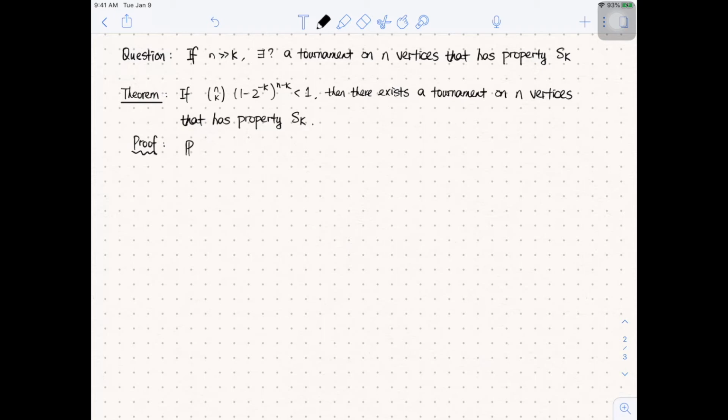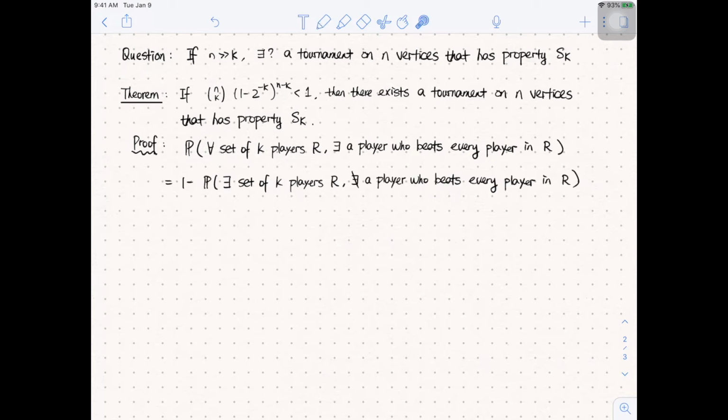The event we're interested in is that for every set R of k players, there exists another player who beats every single player in the set R. Again, let's write the probability of this event as 1 minus the probability of the complement event, which is the following: there exists a set R of k players for which there does not exist any player who beats them all.